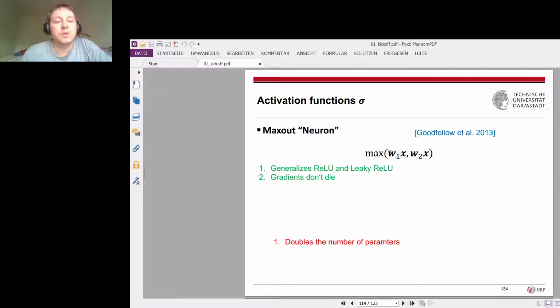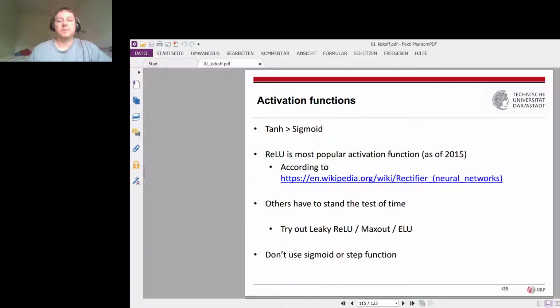So that's actually a cool thing, but it's computationally expensive because now for each unit you have two weight vectors, and that means for each layer you have two weight matrices. And people mostly don't use that in practice nowadays.